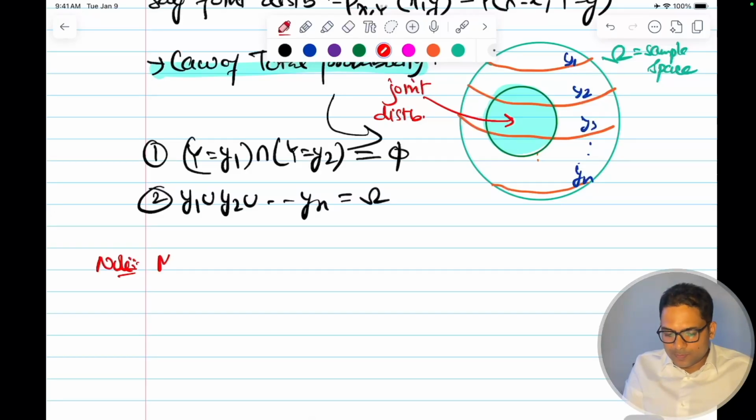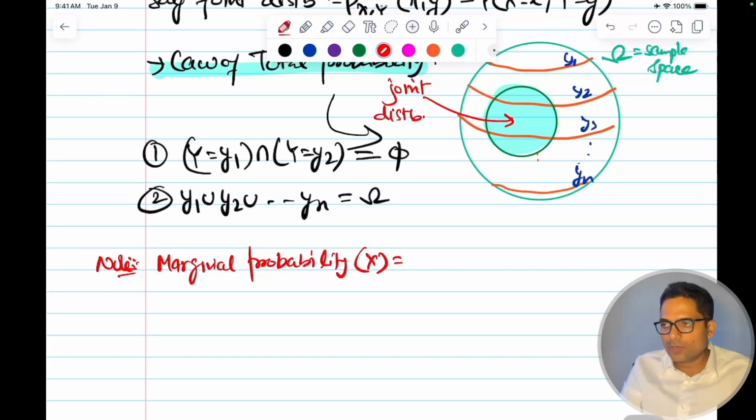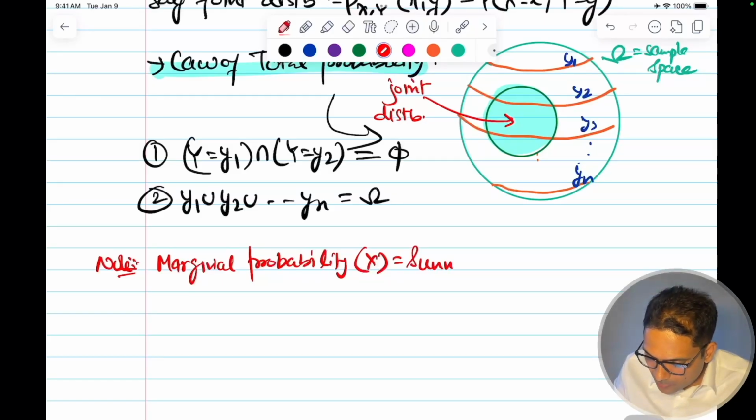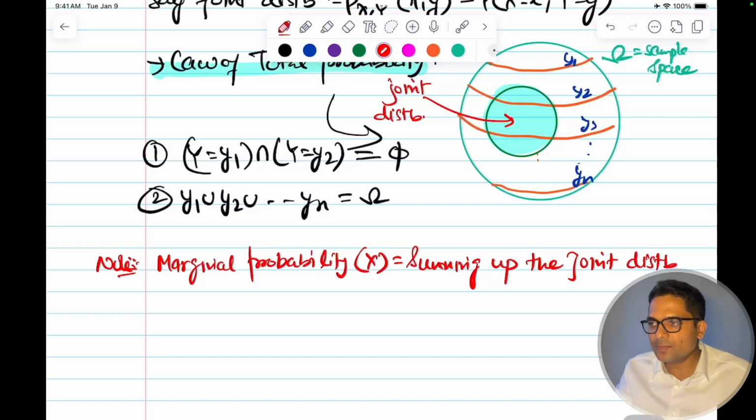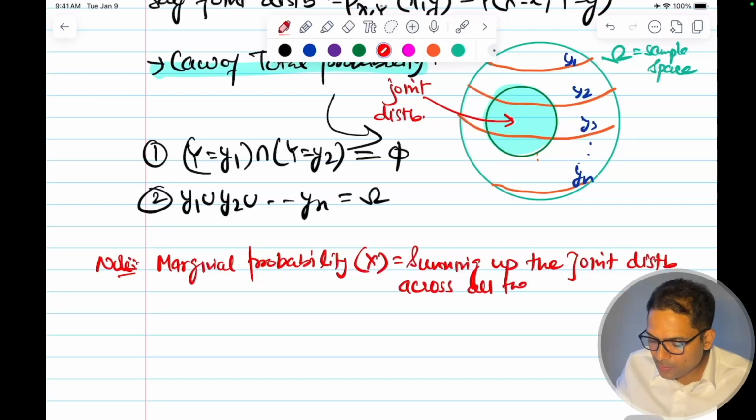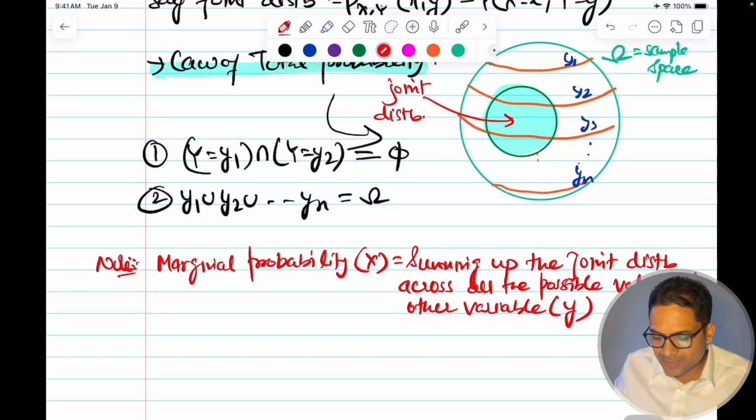So marginal probability of x is equal to summing up the joint distribution across all the possible values of the other variable, in this case y.